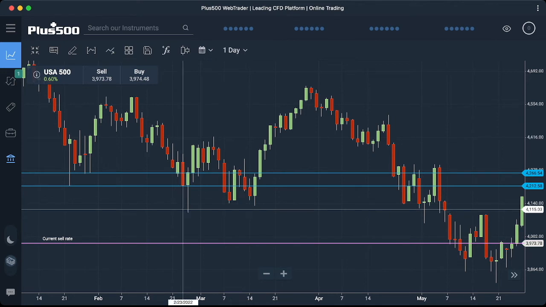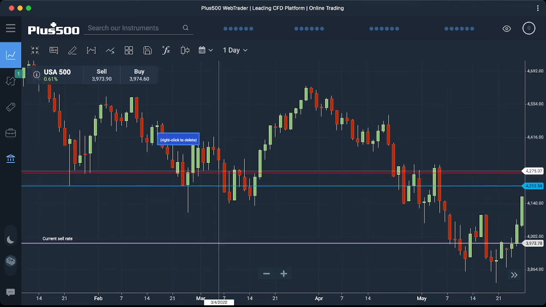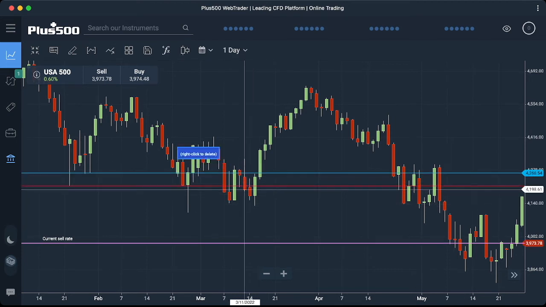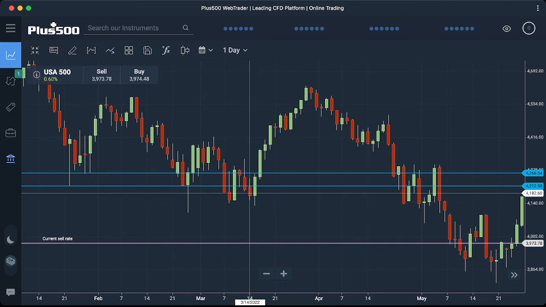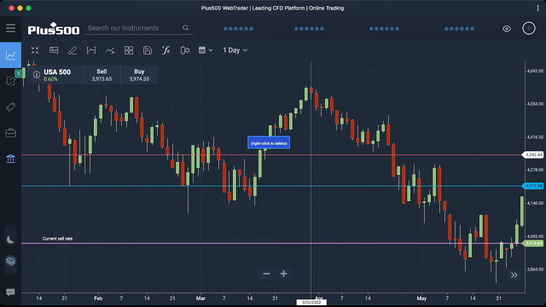So after taking these liquidities, then you can see here we got a swing low, and the price is going inside this fair value gap.